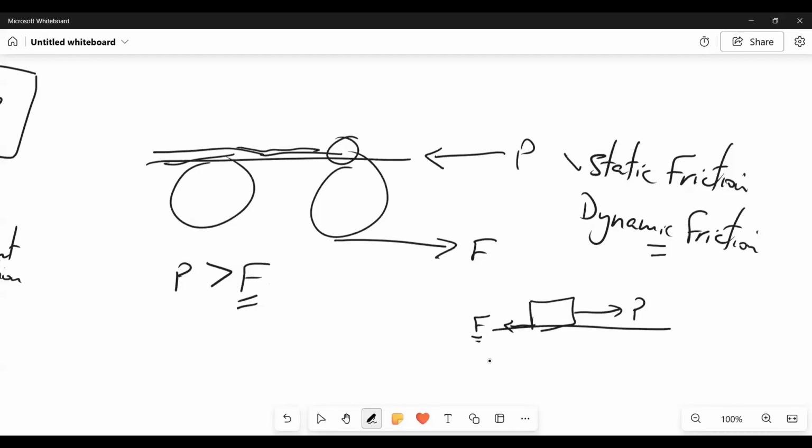So usually, static frictional force is greater than dynamic frictional force. And you would notice that if you're in the hospital and you have to push a patient, once you get a bed rolling, you're hardly exerting anything.